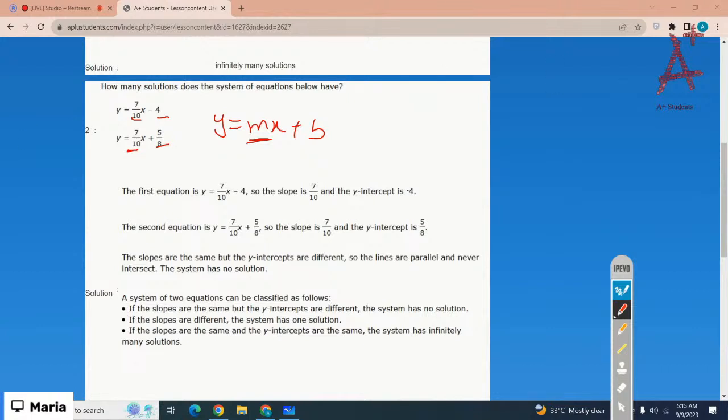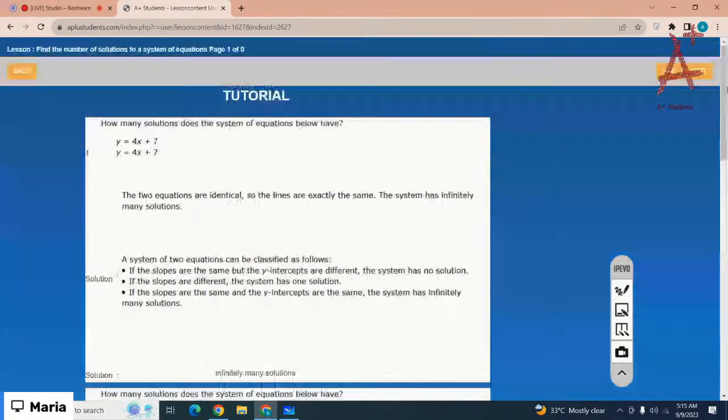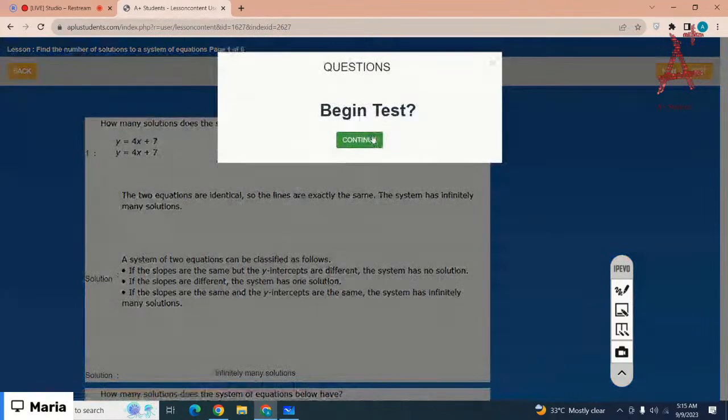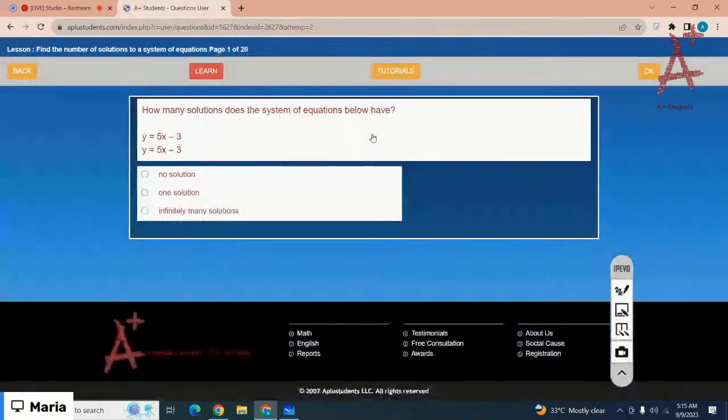Let's just start with the practice questions. Okay, how many solutions does the system of equations below have? So which is the correct option? Just look at the equations. You are given two equations. Both the equations are exactly the same.